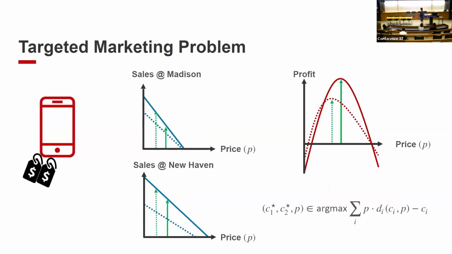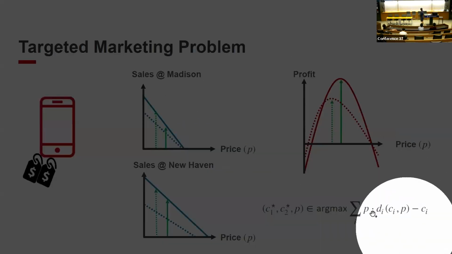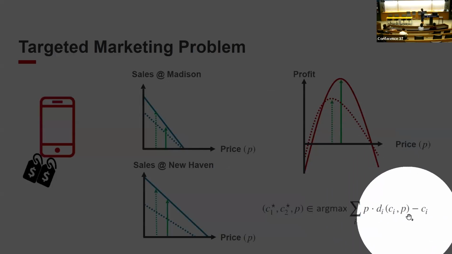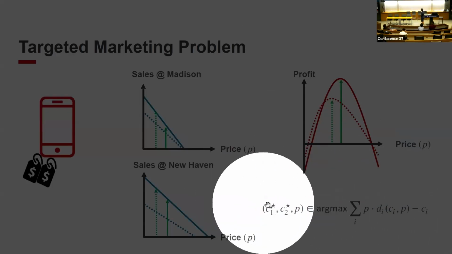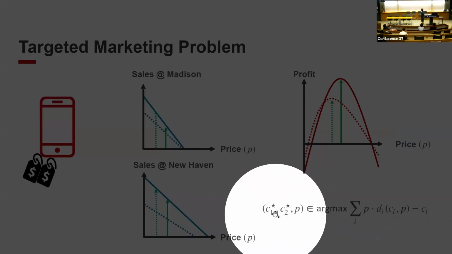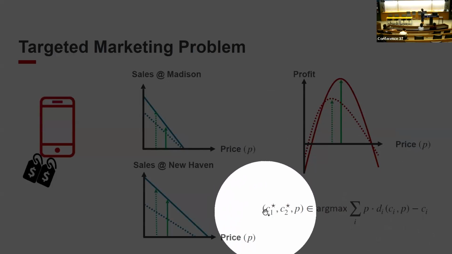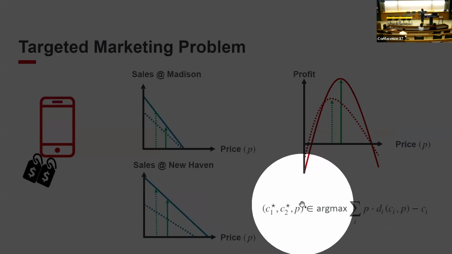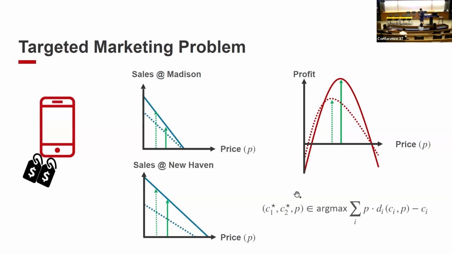Mathematically, we have this expression. There's a common price P, and the demand curve for each market, and C_i is the marketing cost in each market. We want to maximize this profit by choosing the optimal advertisement cost for Madison, the optimal advertisement cost for New Haven, and the common price.